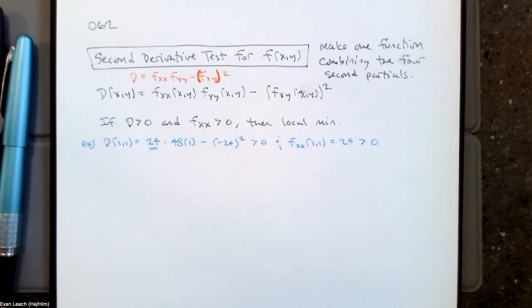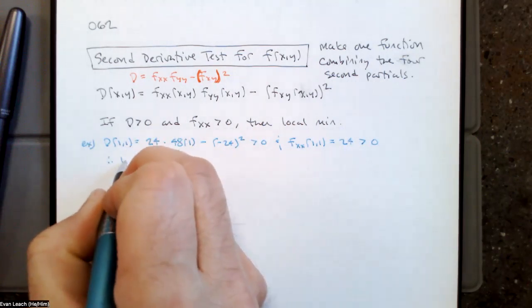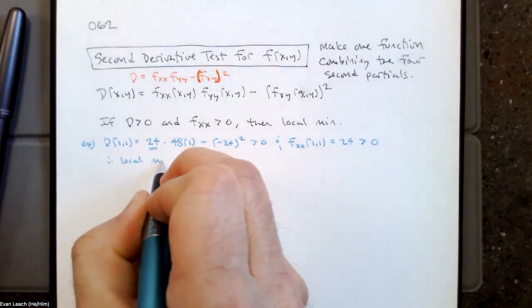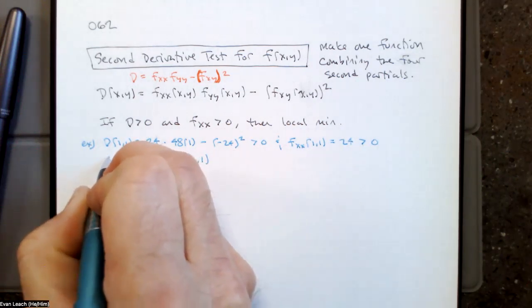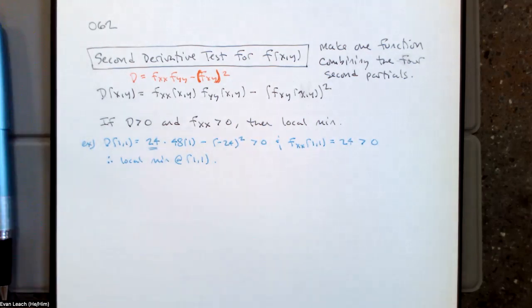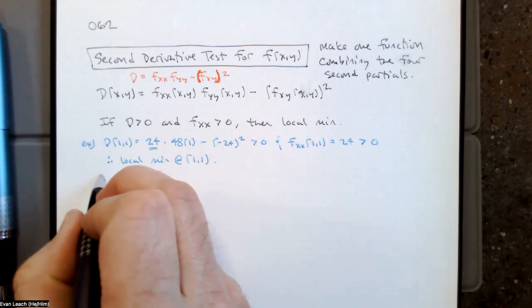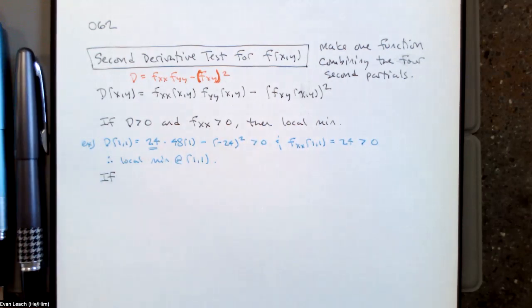Since these are both positive, we conclude that there is a local minimum. That's what we suspected originally. That's what we confirmed by looking at the contour. So there are the conditions where we can conclude local minimum.